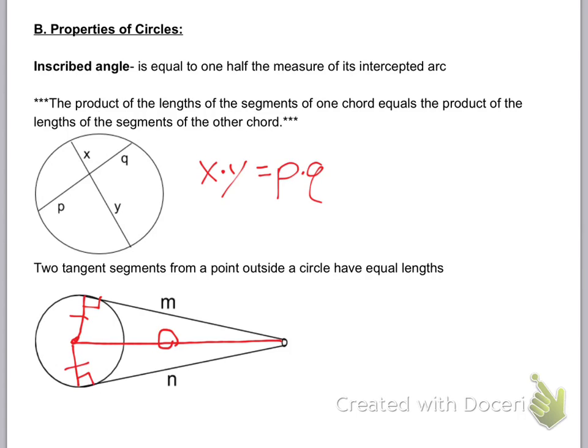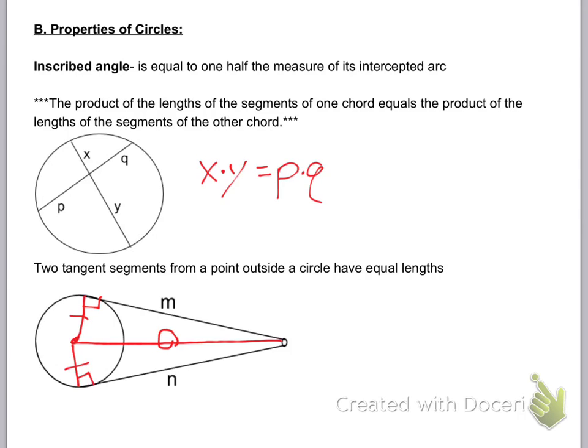Guys, here's the thing. We did our proofs, and then we said that if you can prove 2 triangles are exactly the same, that means they're congruent. And if things are congruent, everything about them is the same.